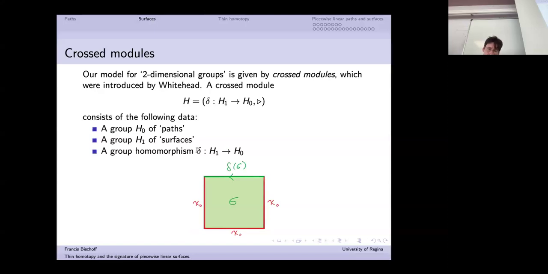Okay, and then the third structure is that you have a homomorphism of groups from H1 to H0. And the way that you should imagine this is that if I have a surface sigma like this, I can extract the top path, the path of the top edge of the square. And this is a homomorphism because the group structure in both cases is horizontal concatenation. So if I horizontally concatenate two squares, then the top edge is formed by the horizontal concatenation of the two individual top edges.